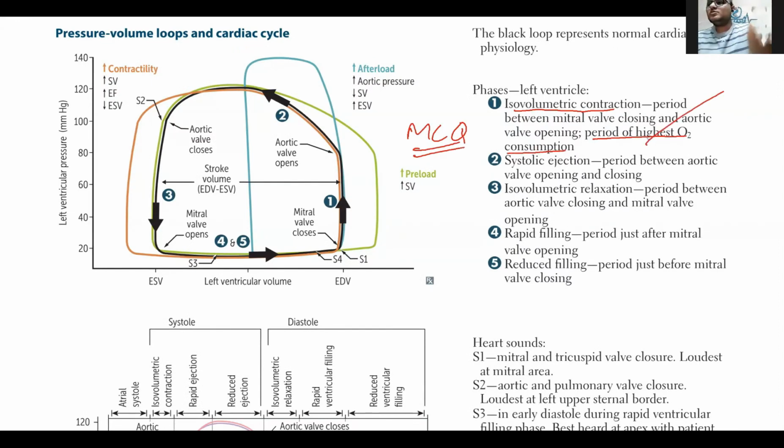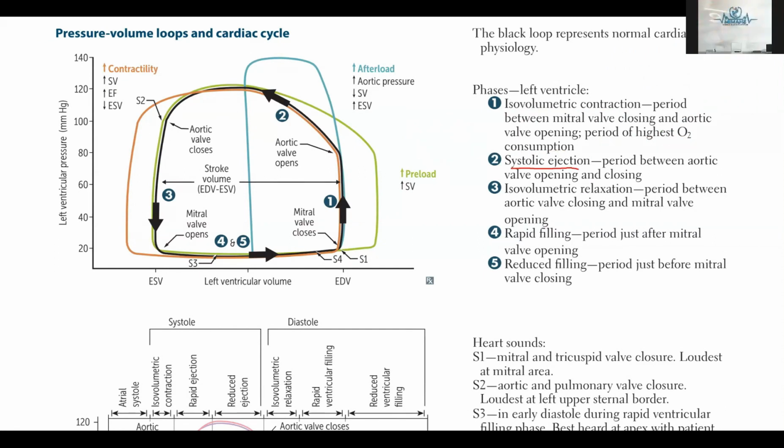This is an important MCQ for all the exams like USMLE, FCPS, MDCAT and NLE. Which of the following phases has the highest oxygen consumption? Isovolumetric contraction.